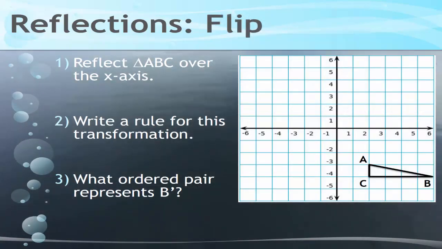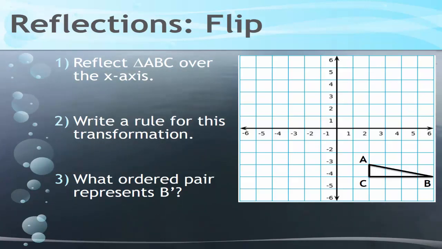So now we want to look at an example. Reflect triangle ABC over the x-axis. When we reflect triangle ABC over the x-axis, we will notice that it is going to simply flip.